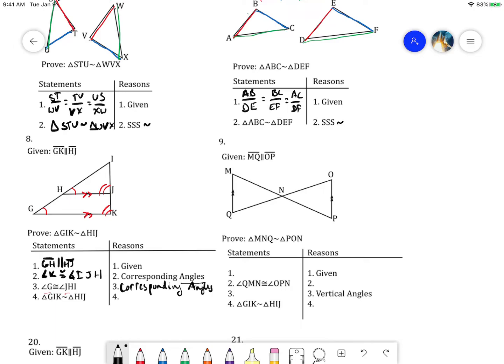Now, in this proof, that was enough for us to say that triangle GIK is similar to triangle HIJ. Which of the theorems or postulates that we mentioned earlier will work for us? Remember, so far we were given angle-angle similarity, side-side-side similarity, and side-angle-side similarity. So which of those three would be enough to prove that those two triangles are similar?